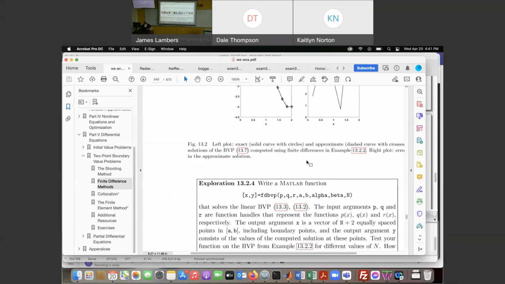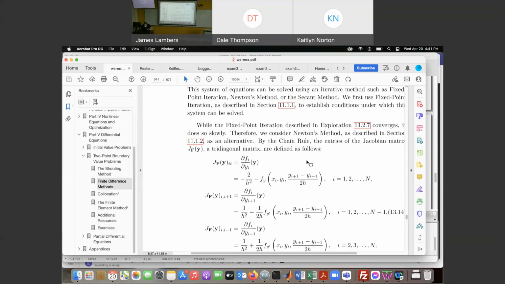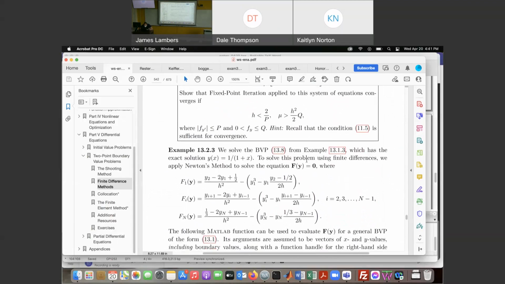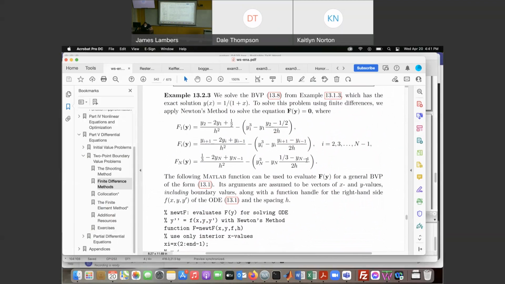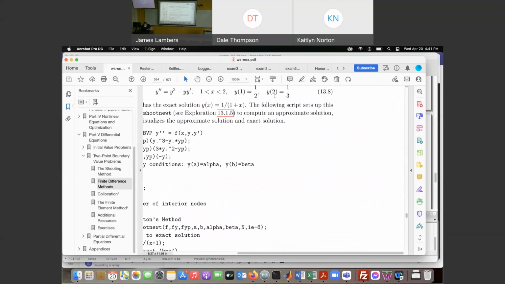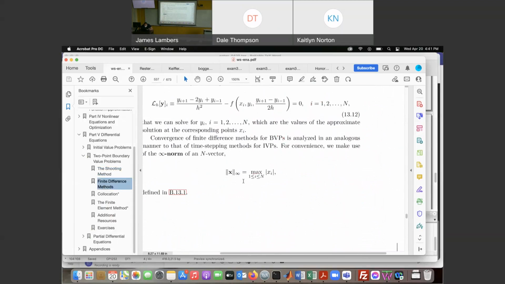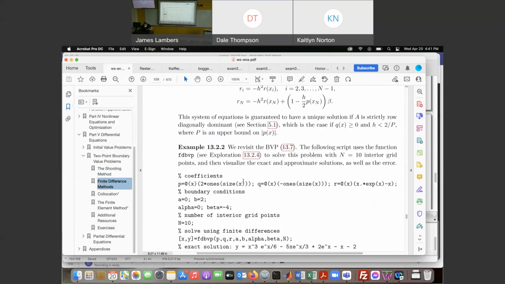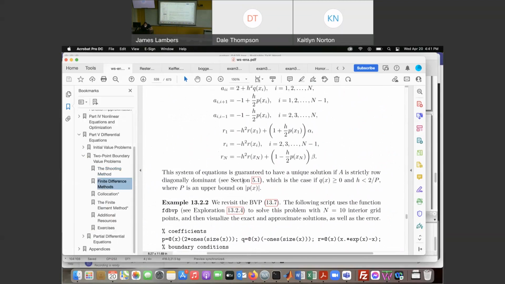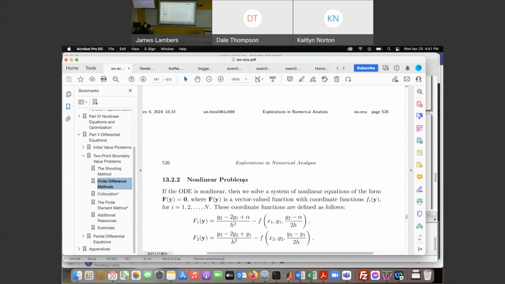Flip to an example. Okay, that is the same problem I was just talking about. Oh, but wait, that's a linear case.